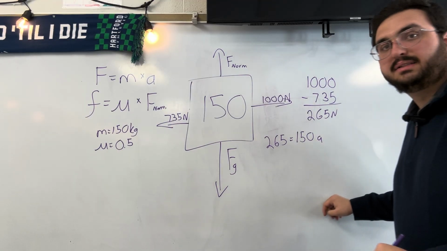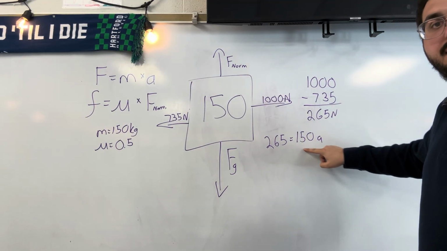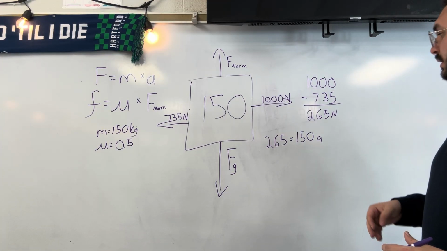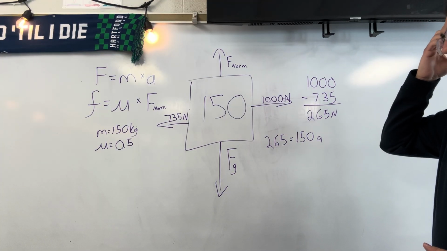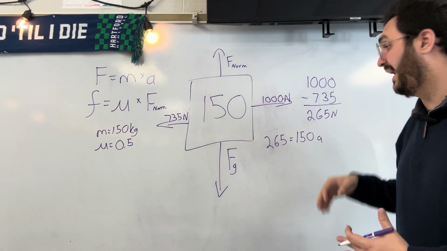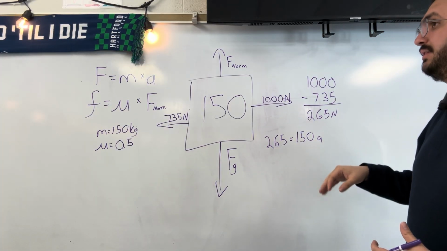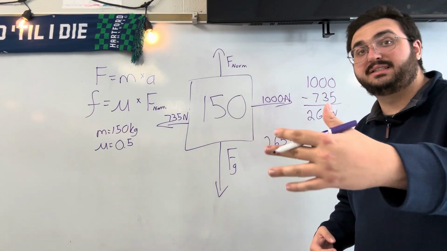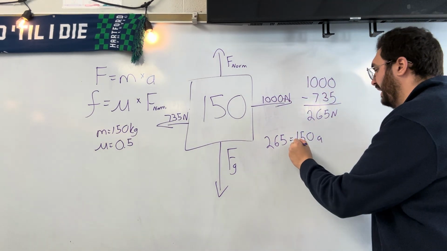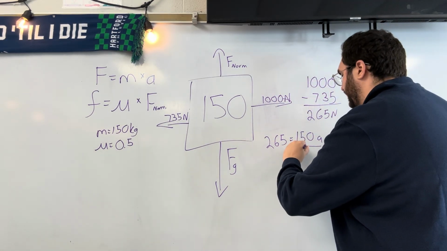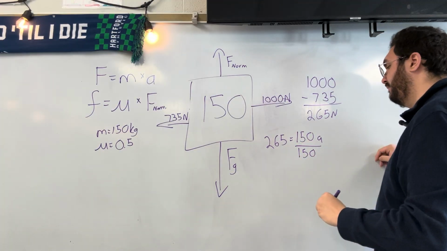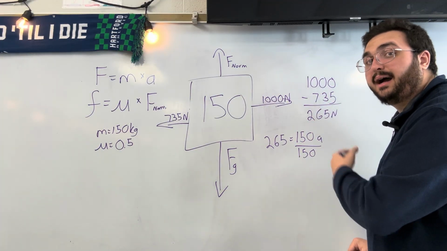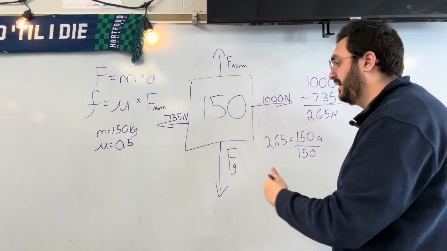I should recognize these two numbers down here are being multiplied together. So, in order to undo that, which I want to do to get a by itself, I do the opposite of multiplication, which of course is division. So I divide by 150 to get a by itself. In algebra, anything I do to one side, I must also do to the other side.